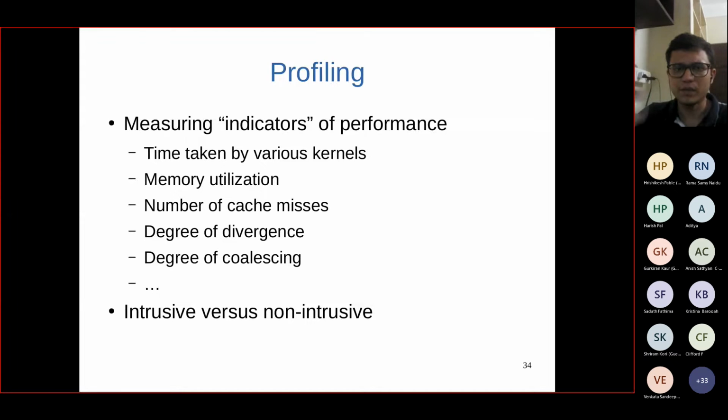Apart from that, there are also other indicators of performance, like how much memory you are utilizing, how many cache misses are happening, what the degree of divergence is, and what the degree of coalescing is, which indirectly show the performance of your CUDA program. All this you can keep track of using nvprof, which is a profiler provided by CUDA.